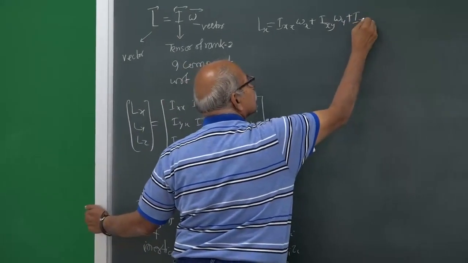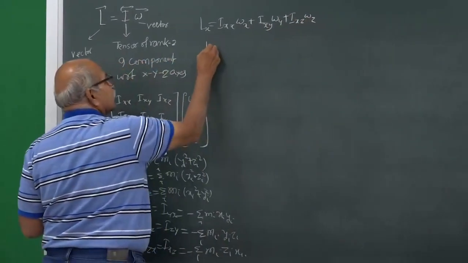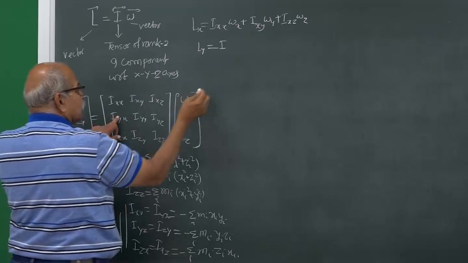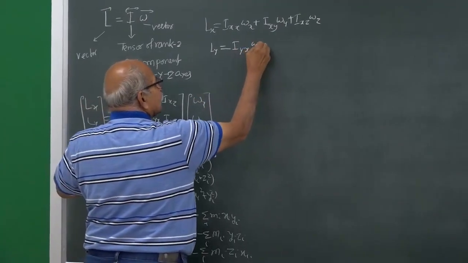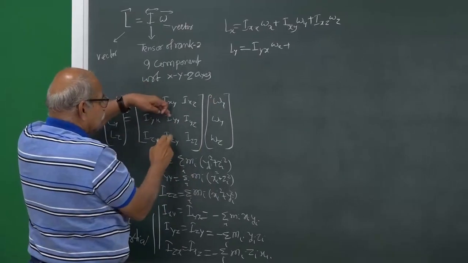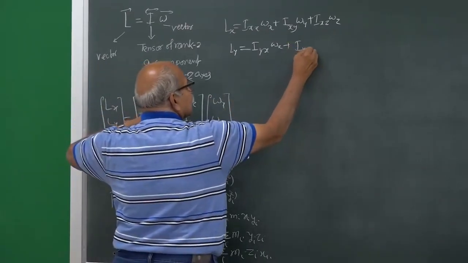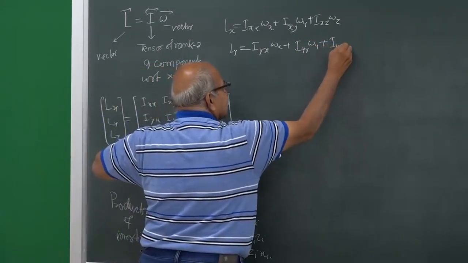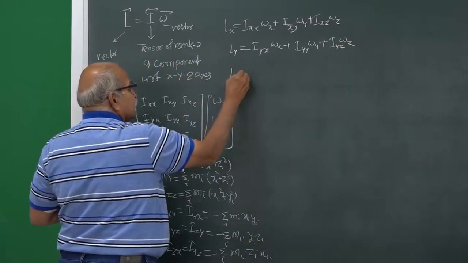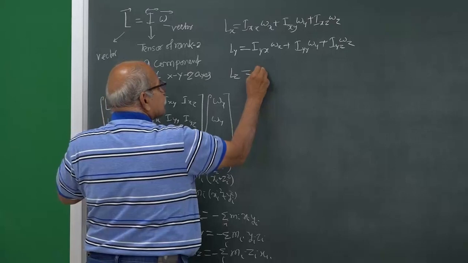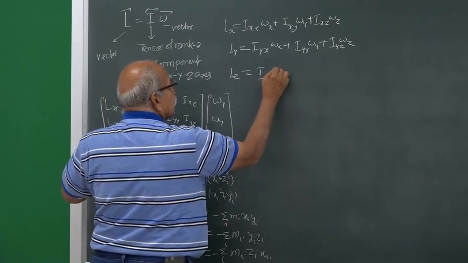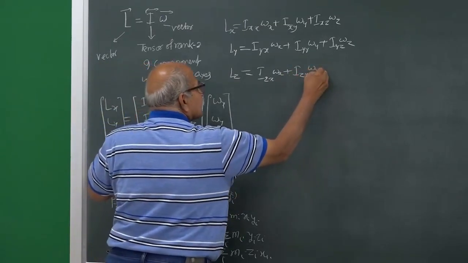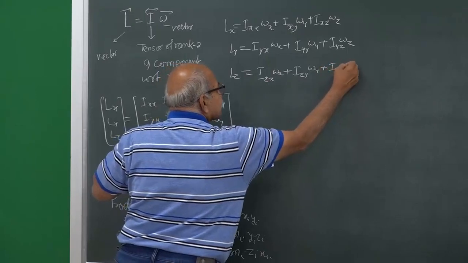Similarly Ly will be Iyx omega x plus Iyy omega y plus Iyz omega z, and Lz will be this row, so Izx omega x plus Izy omega y plus Izz omega z.